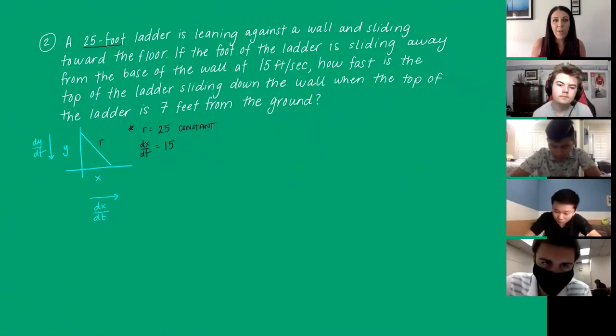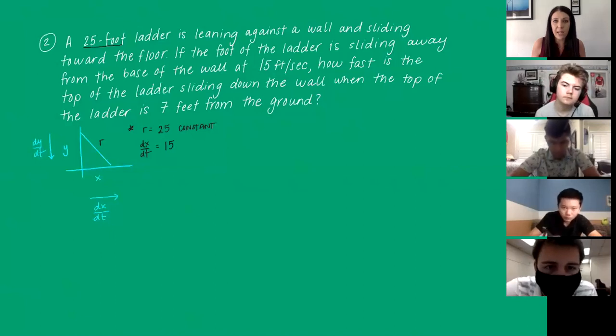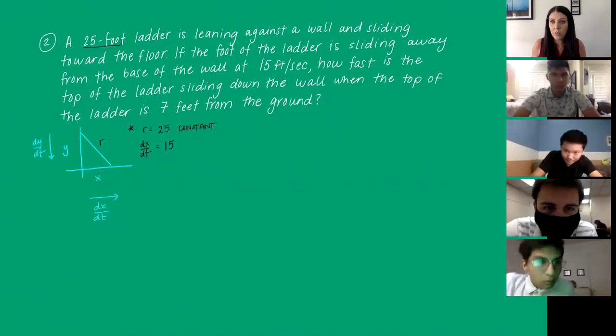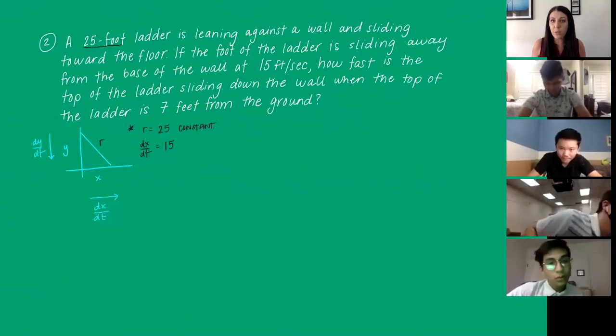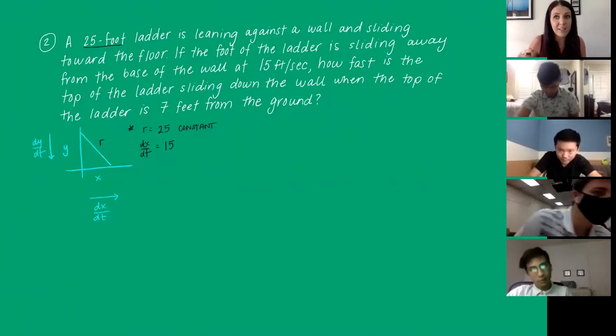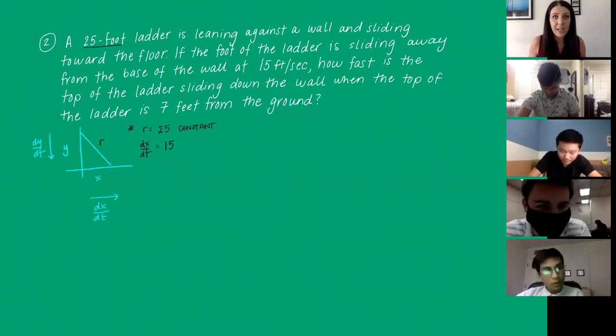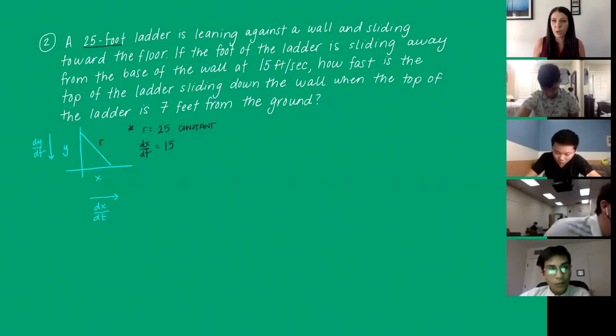And then it wants to know how fast is the top of the ladder sliding down the wall. So what information is that, Brian, that we're looking for? The height. So in terms of our variables, what is that? So it wants to know how fast, so a rate, how fast is the top of the ladder sliding down the wall? Sorry, can you ask the question one more time?